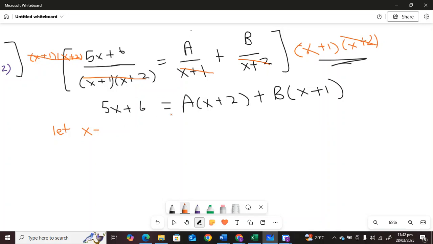Now you only do this when you've got just simple x's like this. If you've got a quadratic equation or a polynomial in here, then you have to do the long route where you expand, then you equate coefficients, and you have to form a simultaneous equation.